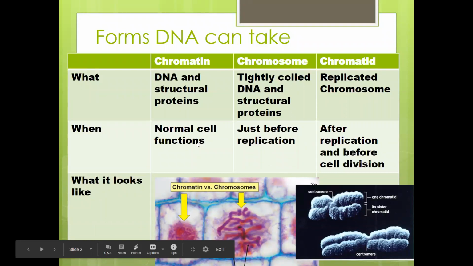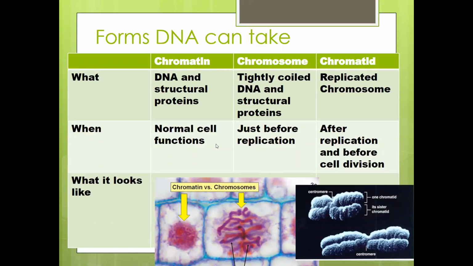So DNA is usually in the form of chromatin. It's usually unwound, just a gob of DNA, because during normal cell functions, the cell needs access to that DNA. If the cell wanted to make a protein or some other structure, it needs access to specific genes. So that DNA has to be uncoiled and in the form of chromatin.